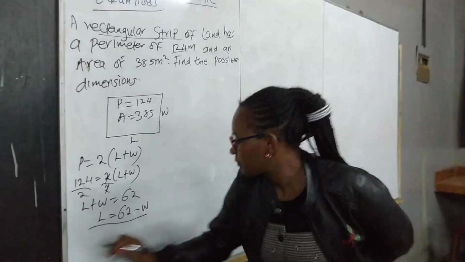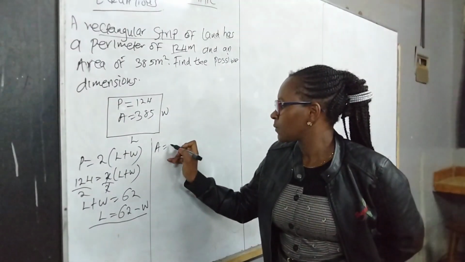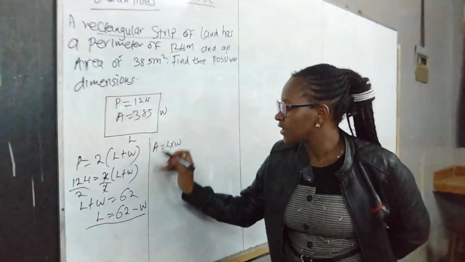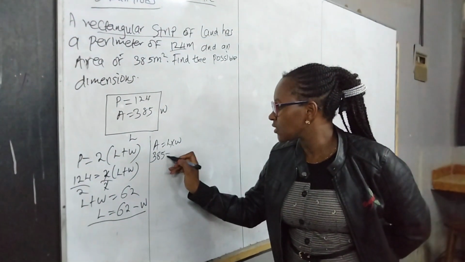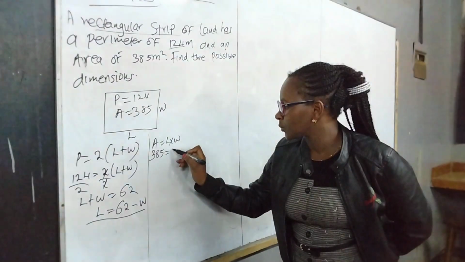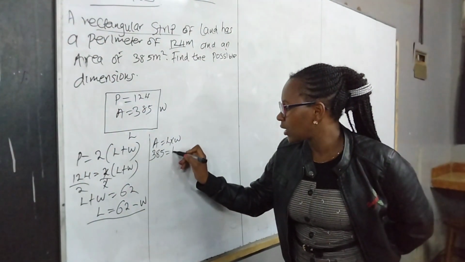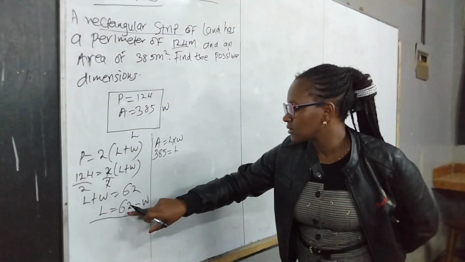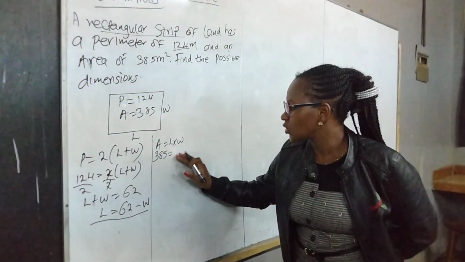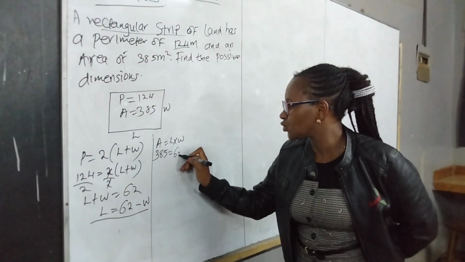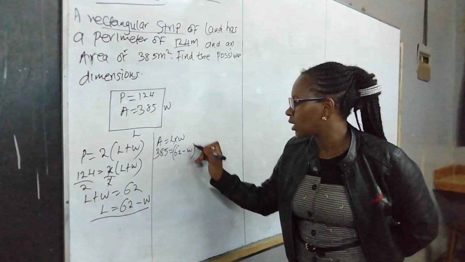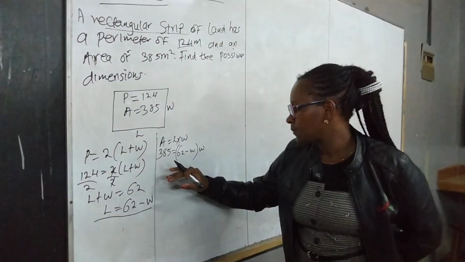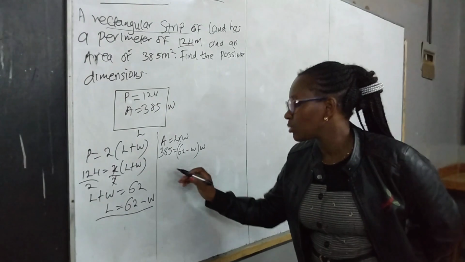Then the formula for the area is length times width. The area is 385, equal to length times width. We have the length as 62 minus W, so instead of writing length, we write 62 minus W, then times width. From this part, we can open our brackets. First of all, maybe we can rearrange to make our work easier.